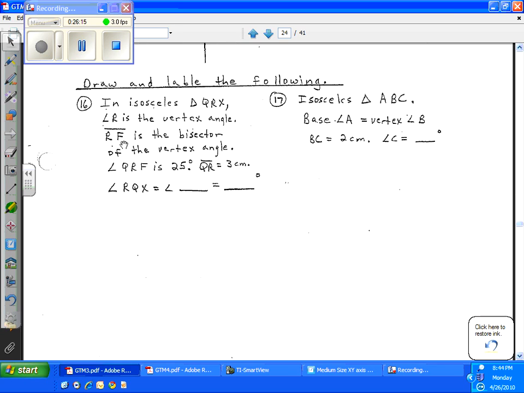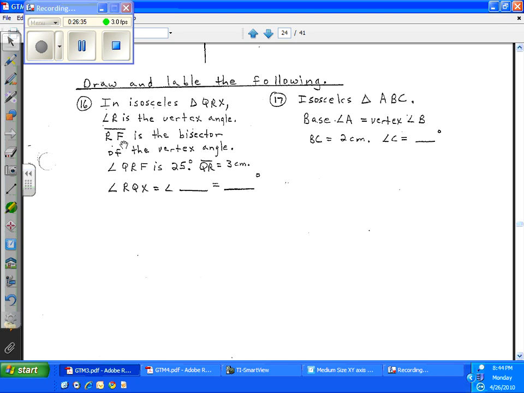The next section is draw and label again, and again I encourage teachers to model these things for their students, and I encourage students to do this because it's going to teach us a lot of things about measuring and building, and it's going to help us also learn the next lesson.